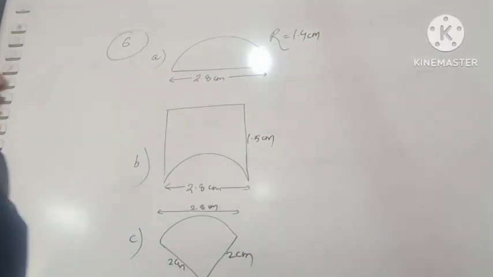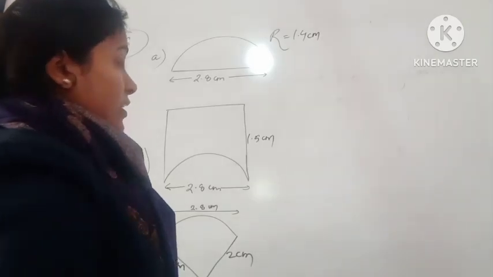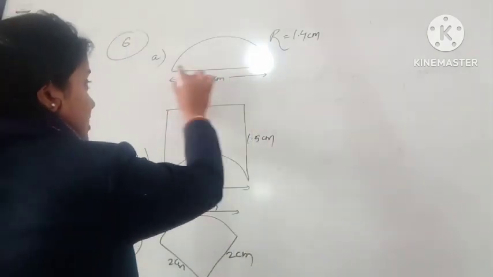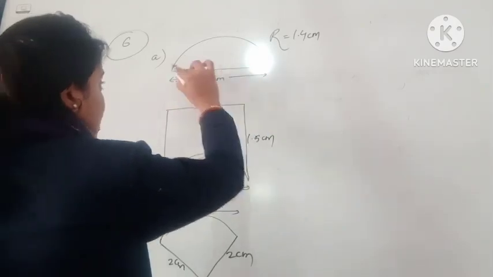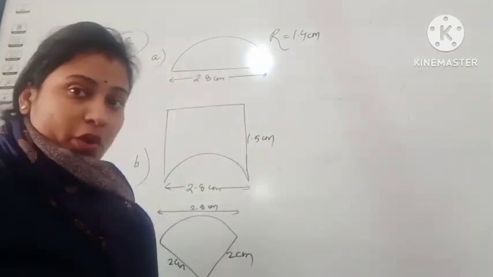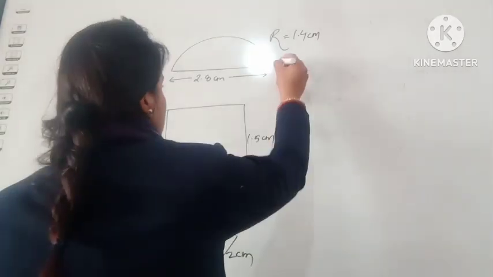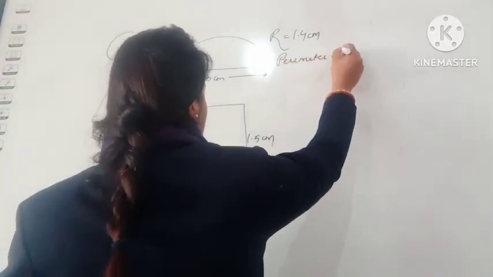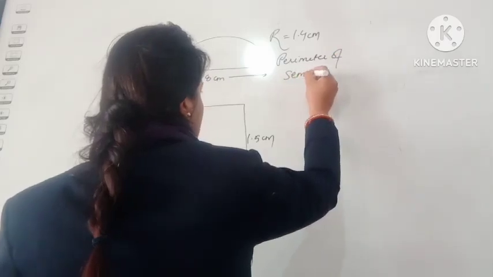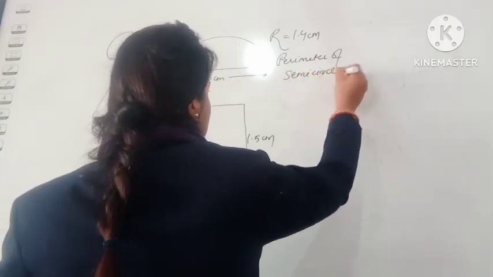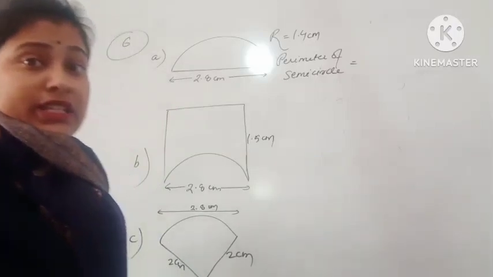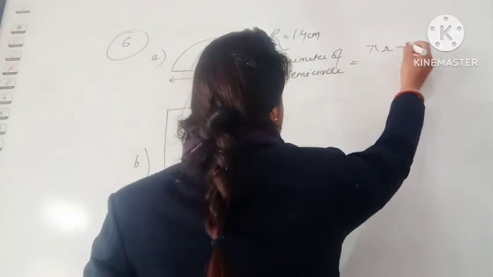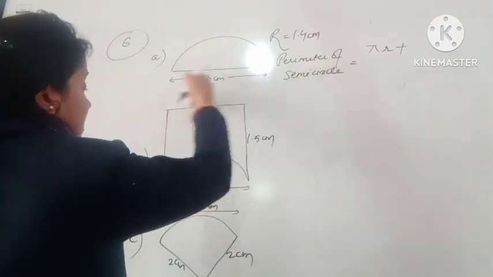Now, what is the distance traveled by the ant through this figure? This length plus this curved part. So the perimeter of a semicircle can be calculated by the formula: this curved part is pi r plus this part is d, the diameter.